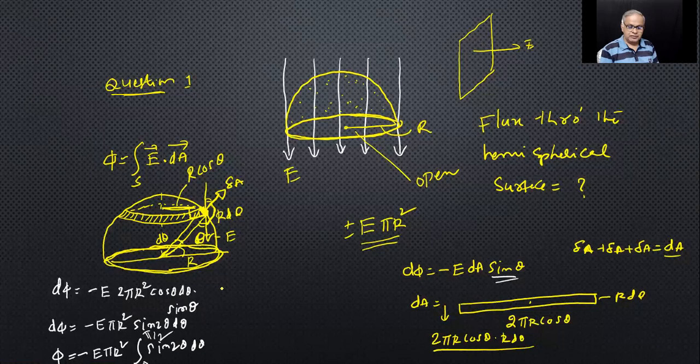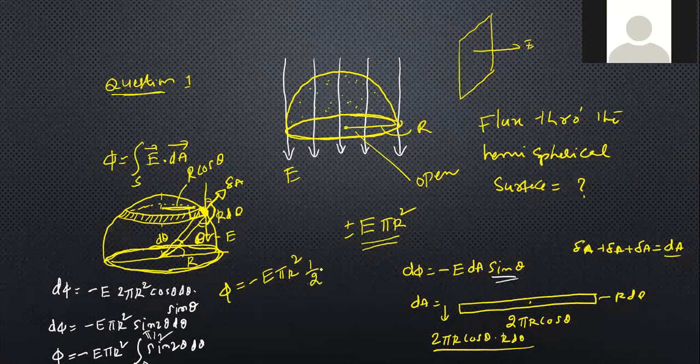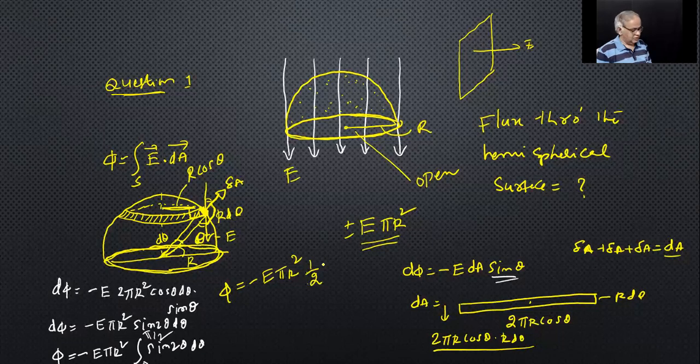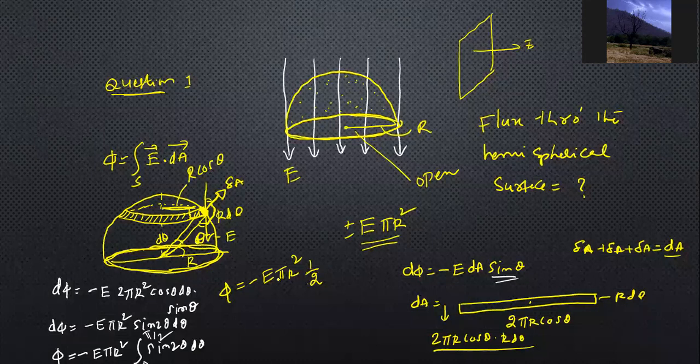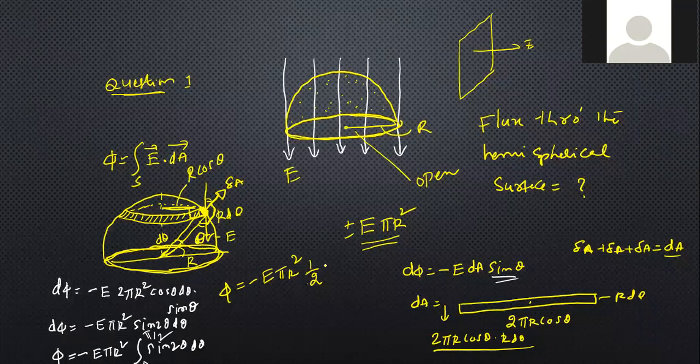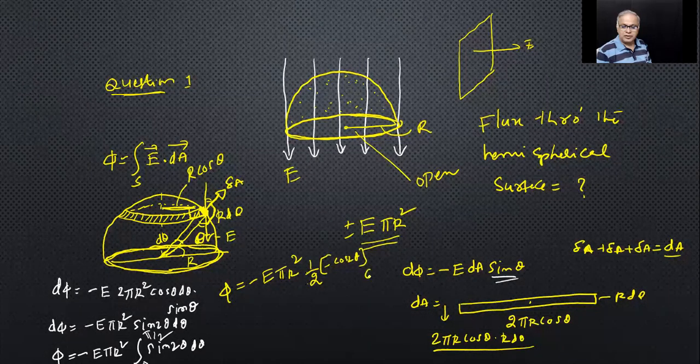Now, what is the integration? Phi equals minus E into pi r square. The integral of sin 2 theta d theta is what? 1 by 2 times minus cos 2 theta. Is that right, everybody? Between 0 and pi by 2.